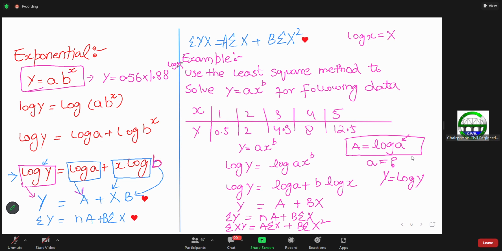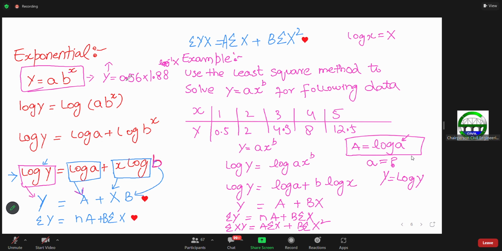So it will be not this one, it will be equals to log inverse of capital X. And again in here as well, we put log y, this is small y, right?